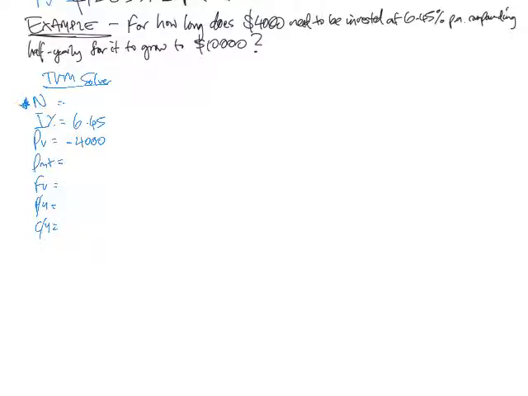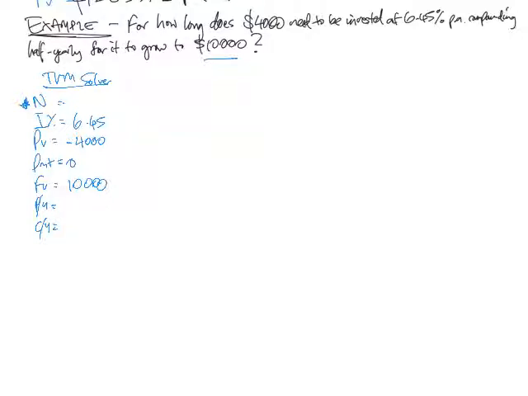PMT, are we making any payments during the duration of the investment? No, so there's 0. FV, so we're not solving for FV, we know how far it needs to grow. It needs to grow to 10,000. So that is 10,000 straight up, no negative sign, because you're getting that money at the end.